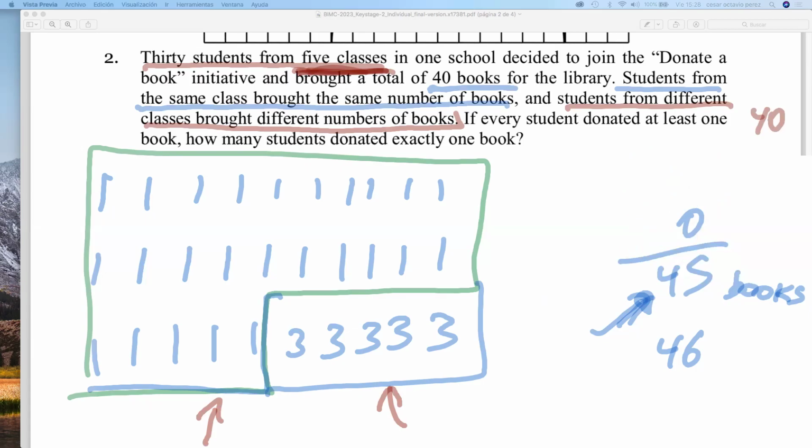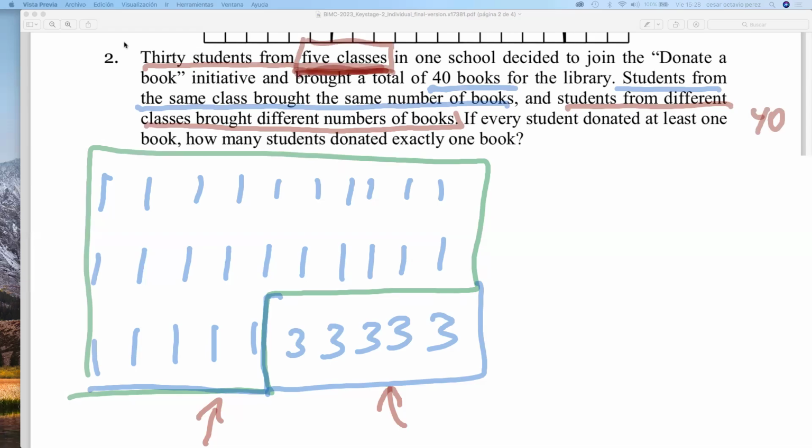But then we have only students from 2 different classes. The class that broke 1 book and the class that broke 3 books. And we need to have students from five classes. Do you understand this idea?